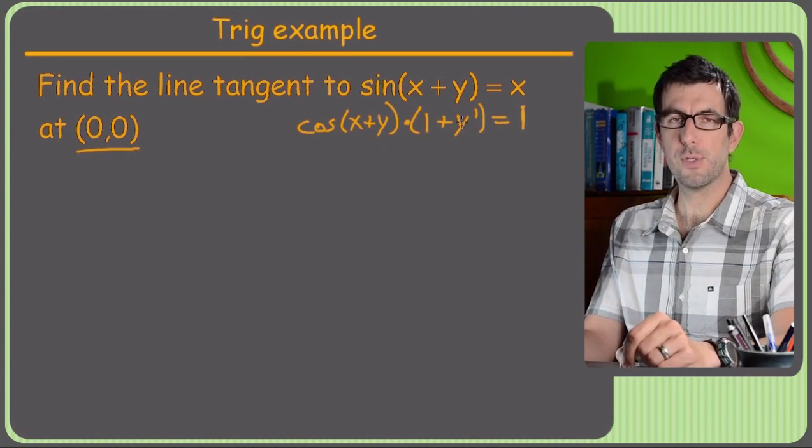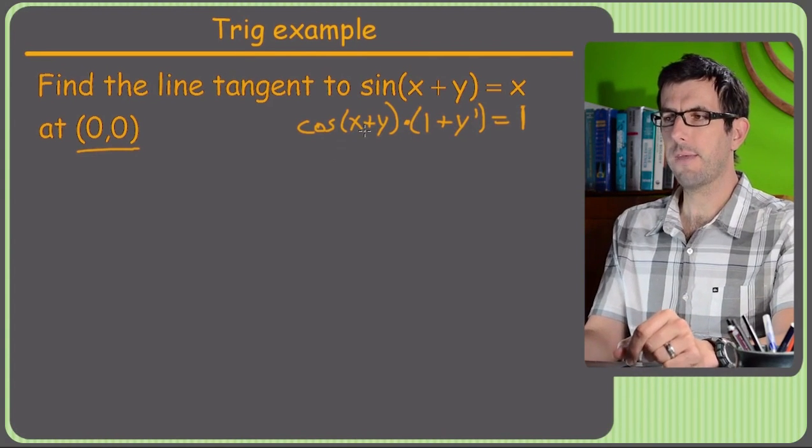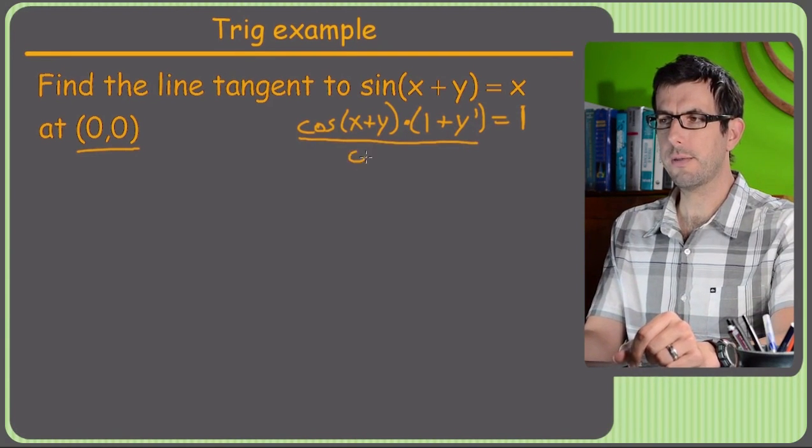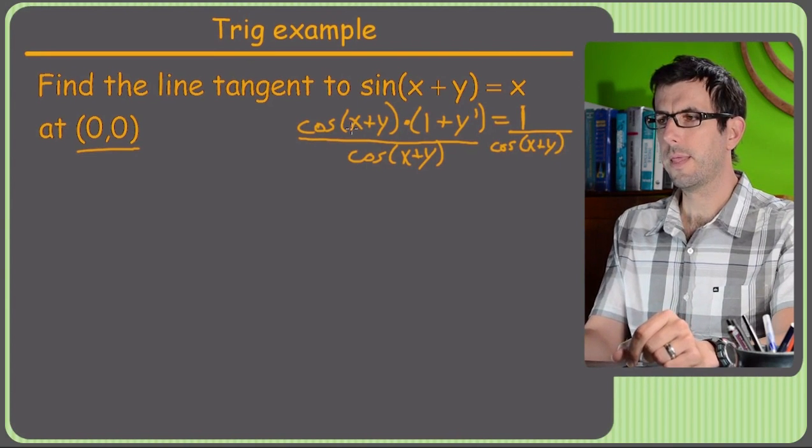So now this is a little bit interesting one algebraically. We've got a 1 plus y prime. I want to get y prime by itself. Can I do that now? I think I can. If I divide both sides by cosine of x plus y, that cancels that.